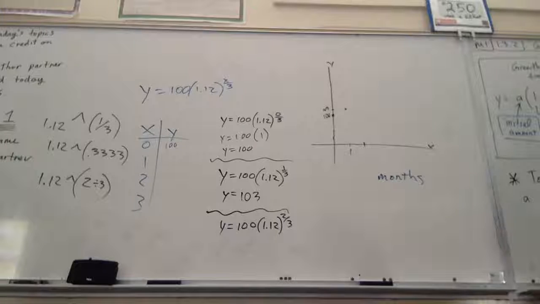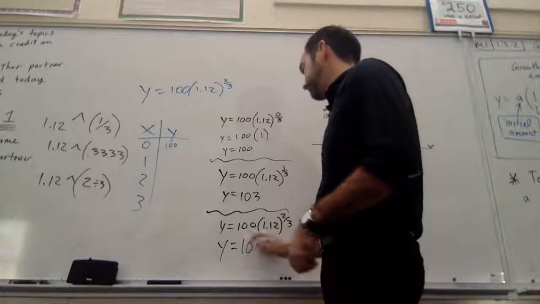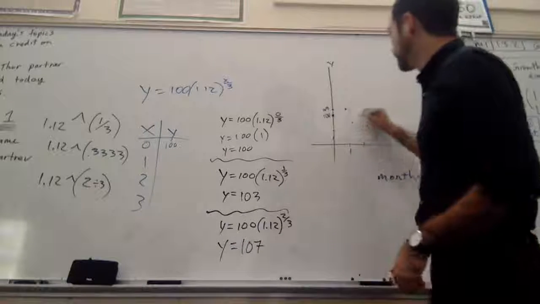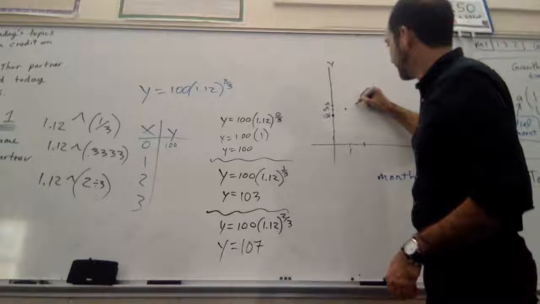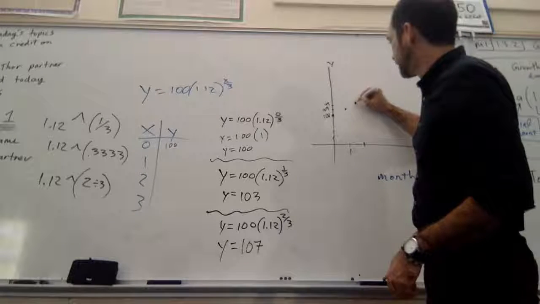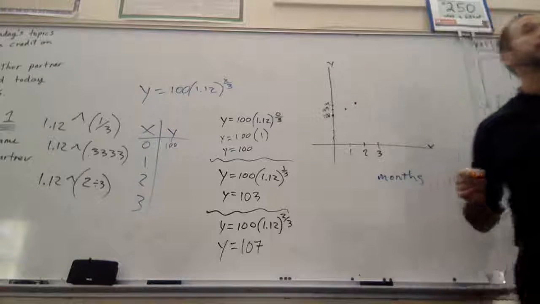Hi, Jordan. Did you get 107 too? 107 as well. So actually we end up with 107. Now let's do it at 3. 3 is going to be pretty quick.